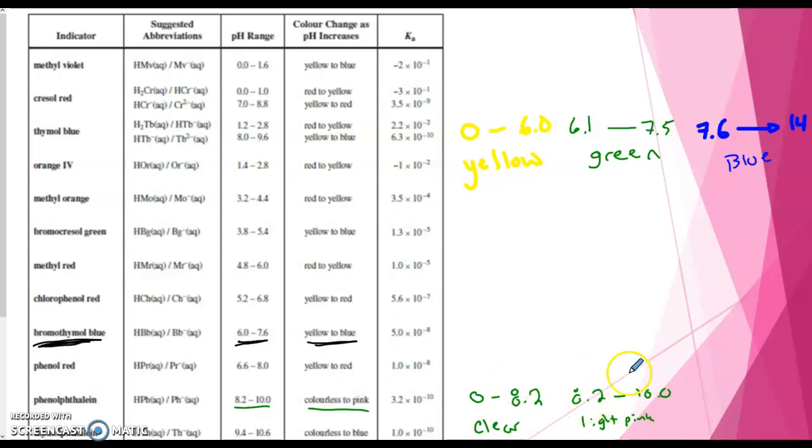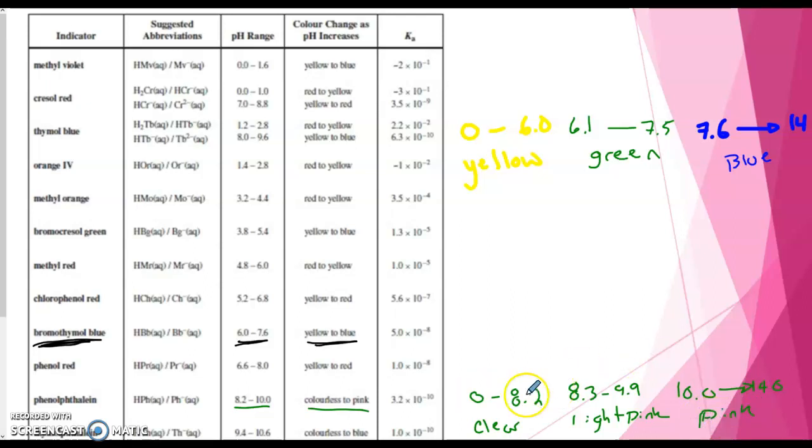Or sorry, I messed up my numbers there. So 8.3 to 9.9 is going to be light pink. And then from 10.0 all the way to 14.0 is going to be dark pink.